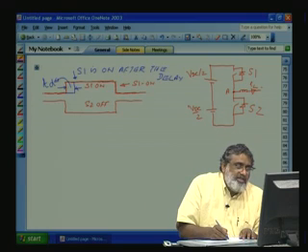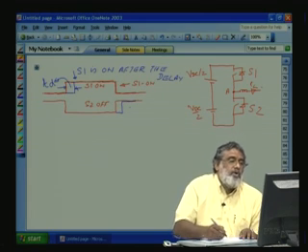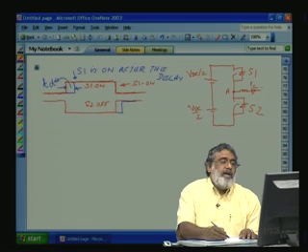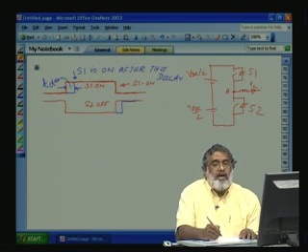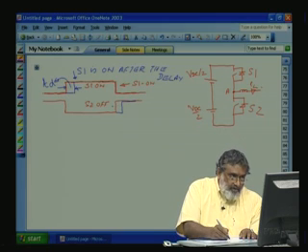But here also, S2 turning on, we are delaying by this much, again TD. So, simultaneous turn on and turn off of the devices is avoided. This can avoid the DC link short circuit. Here also we are giving a dead time of TD, so this will take care of that too.